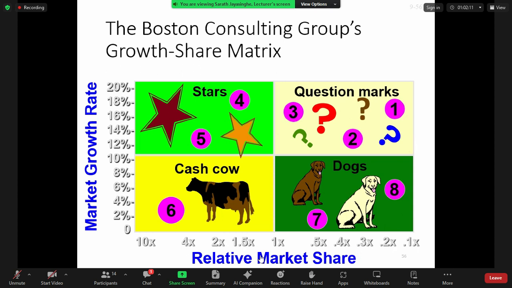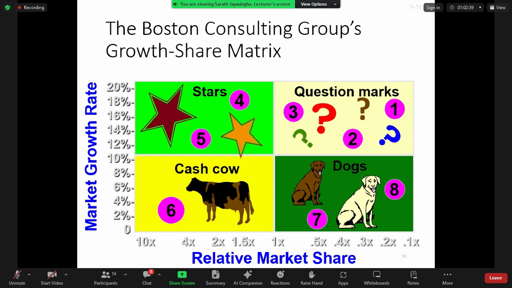Now, you are doing business, there are many competitors, right? Assume our company sales is X, our market share is X. Here, the SBU's market share relative to that of its largest competitor in the segment.